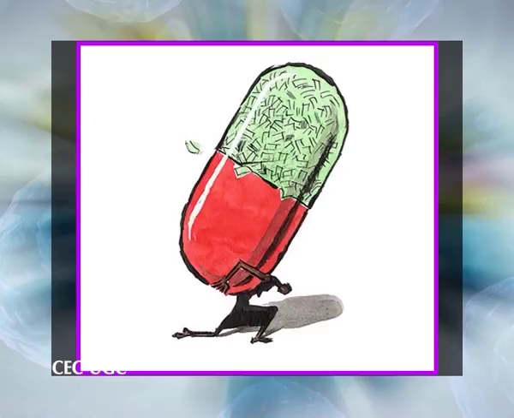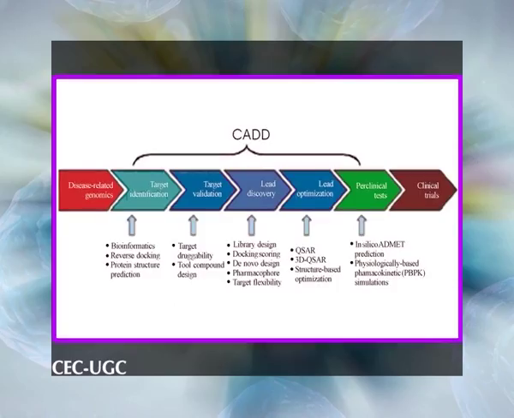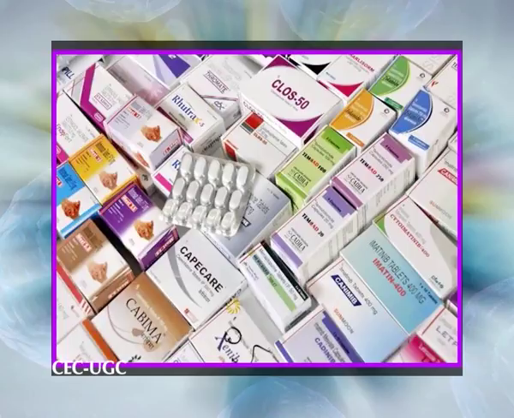Besides, to address the problem of high iteration rates and in keeping with good management practice, analysis of the entire drug discovery process has been essential to help drug companies compete in the current environment.